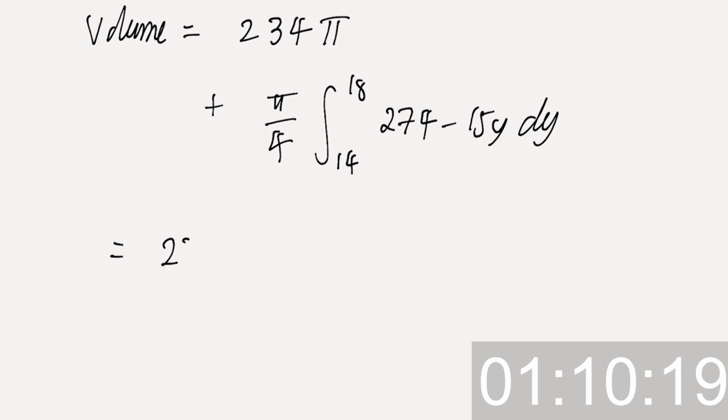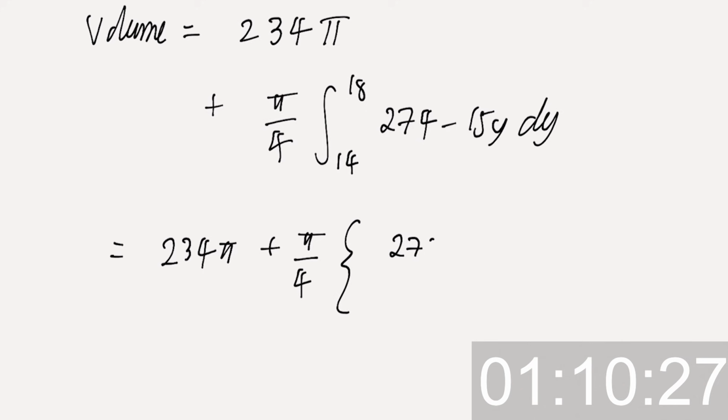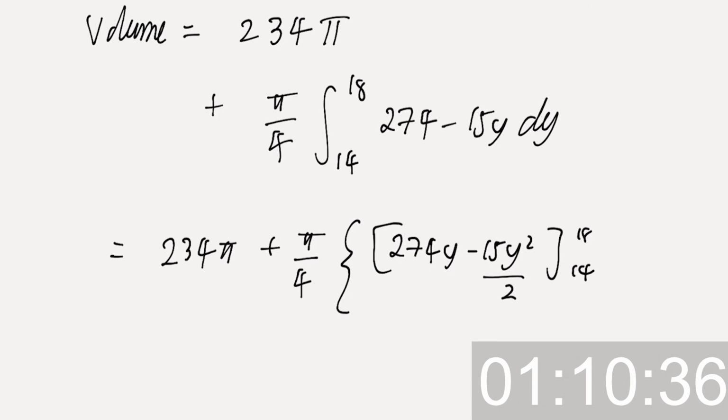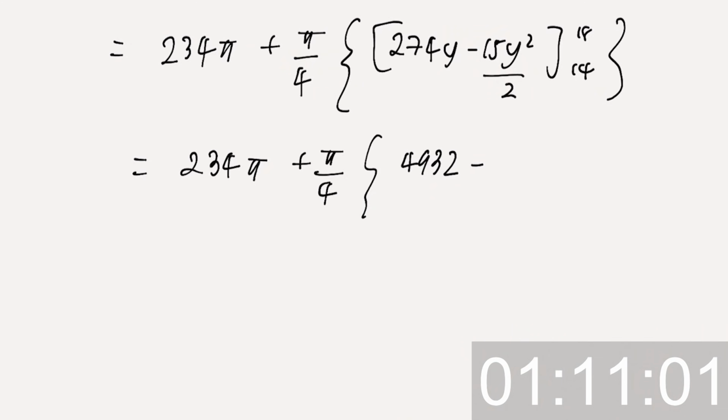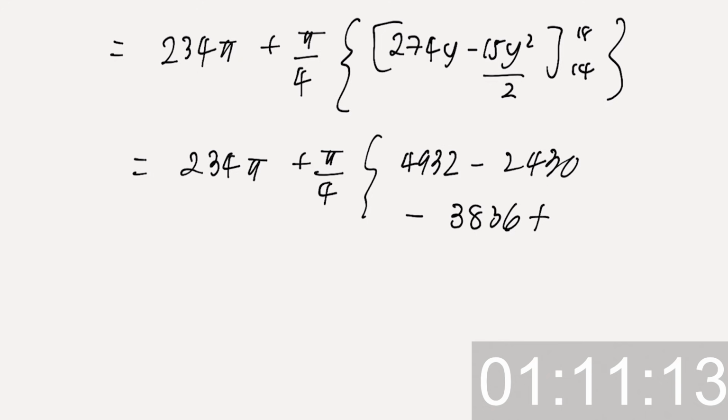Now if I calculate that, it's 234 pi plus pi over 4, big curly bracket, of 274y minus 15y squared over 2, evaluated at 18 and 14. 274 times 18 is 4932, minus 15 times 18 squared divided by 2, which is 2430, and then minus 274 times 14, 3836, and then plus 15 times 14 squared divided by 2, 1470.